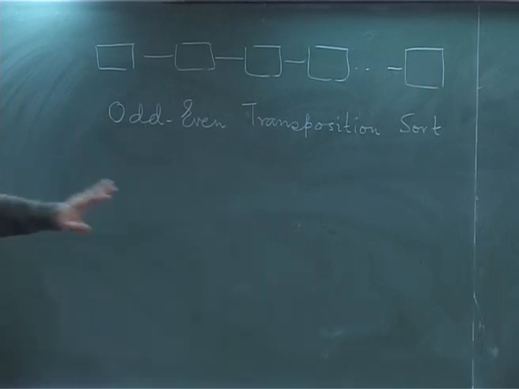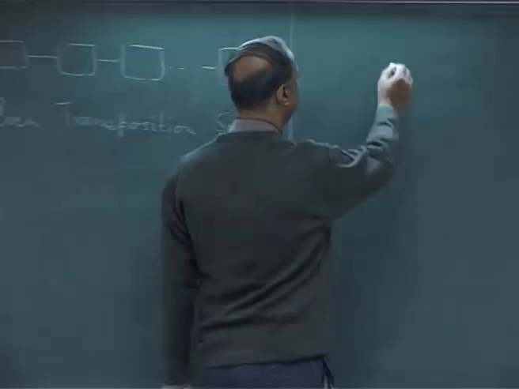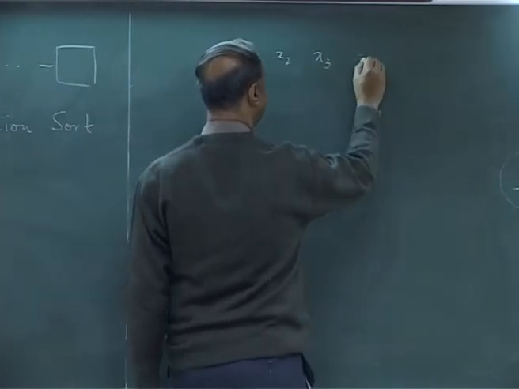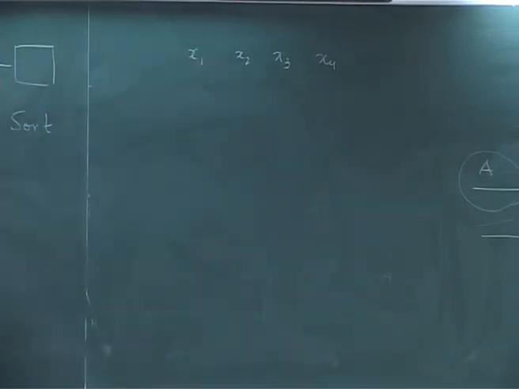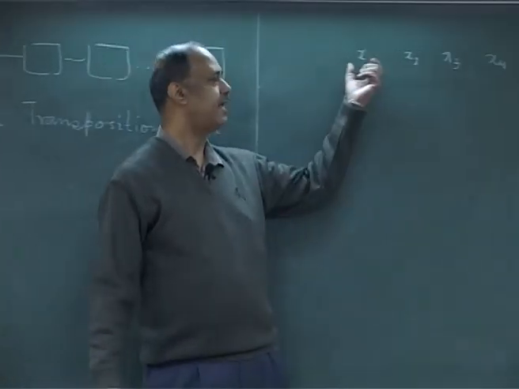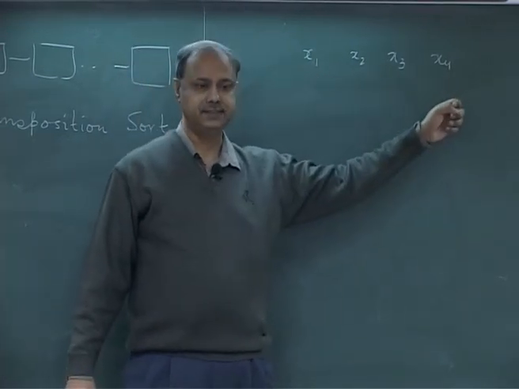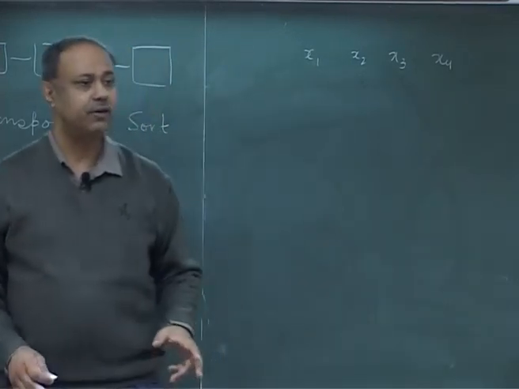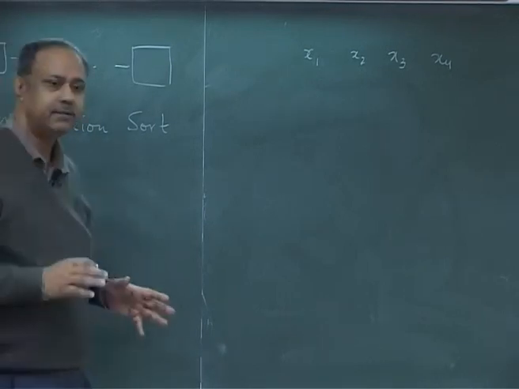Forget about parallel machines, let us come back to the sequential machine. Now, if you have x1, x2, x3, x4, suppose these 4 elements are there. One thing you remember is that in order to place x1, indirectly or directly you have to compare with every other element. Otherwise you cannot say you get a sorted sequence. So that arrangement has to be done.